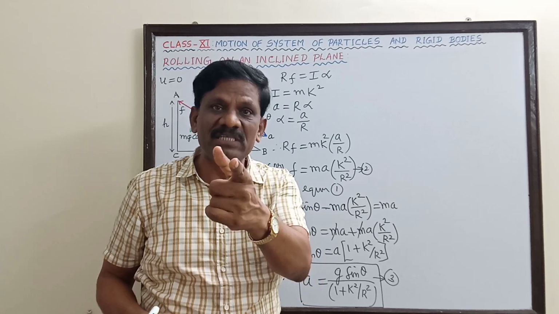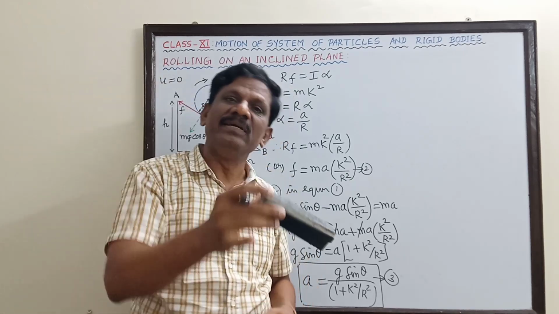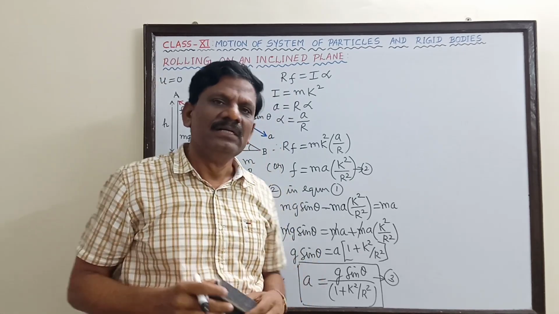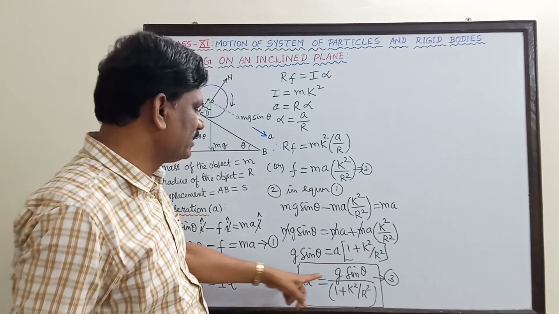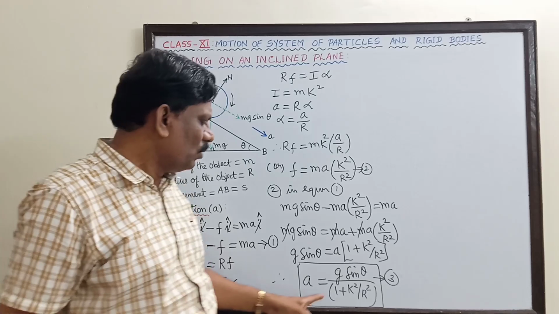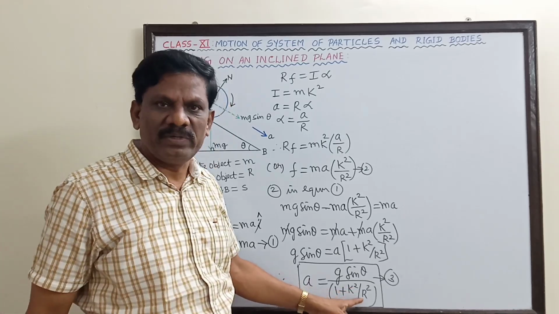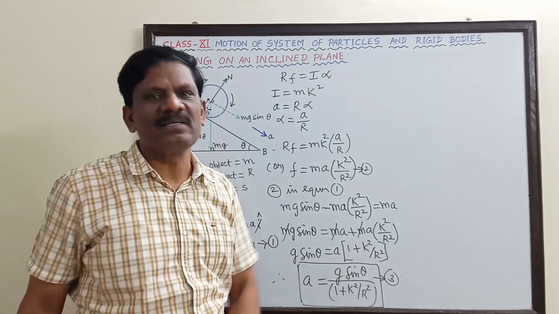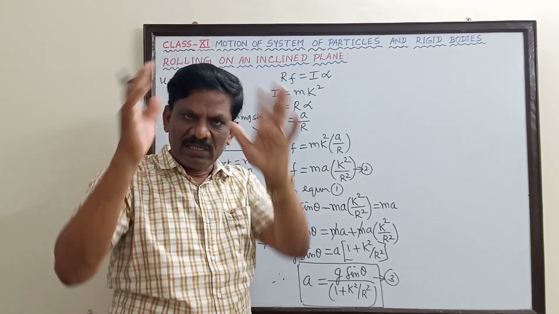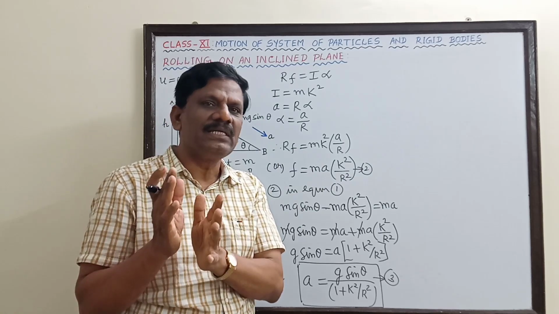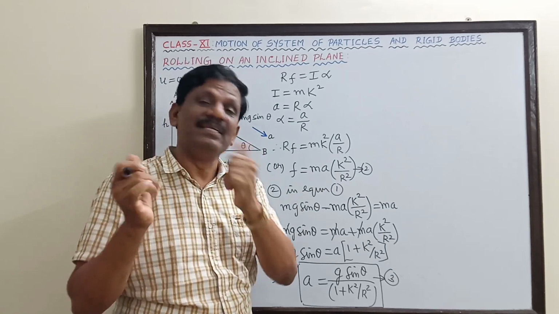A equal to g only. Same object sliding means g sin theta. So if this object is rolling, then its acceleration is g sin theta divided by 1 plus k square by r square, where k is the radius of gyration and r is the radius of the round object, maybe a sphere or ring or disc.